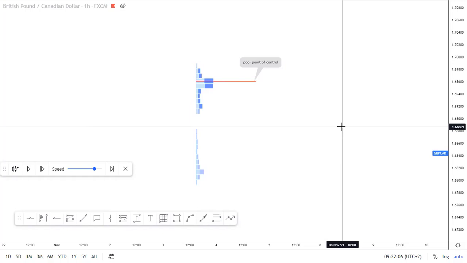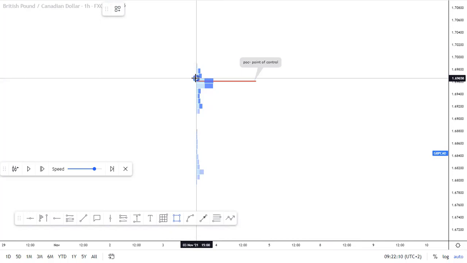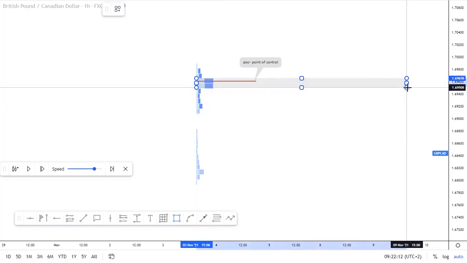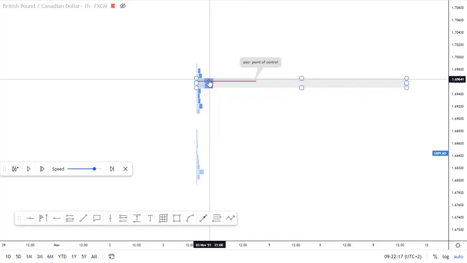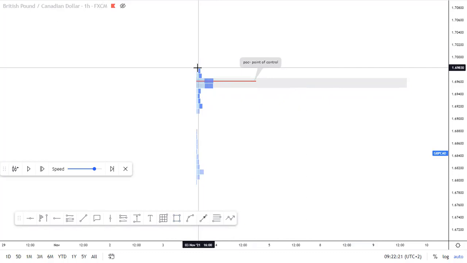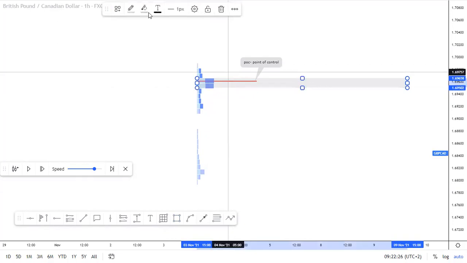And then the POC goes as well with the high value node level. You can see that these two bars here are actually more than these ones here and these ones here. So this thing we take as the high value node level.